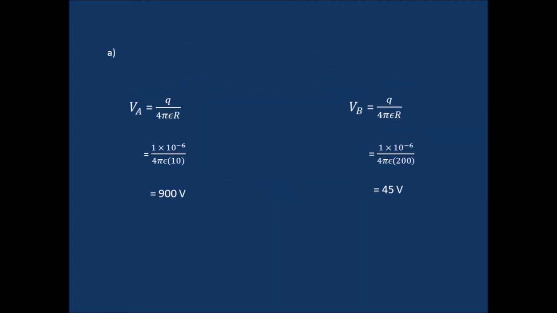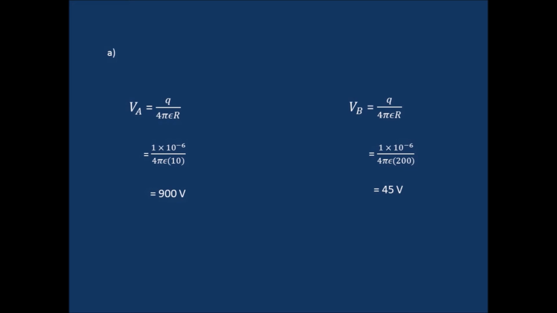The electrical potential can be solved by using the formula Q over 4 pi epsilon R, where R is the distance between the charge and the point of interest.